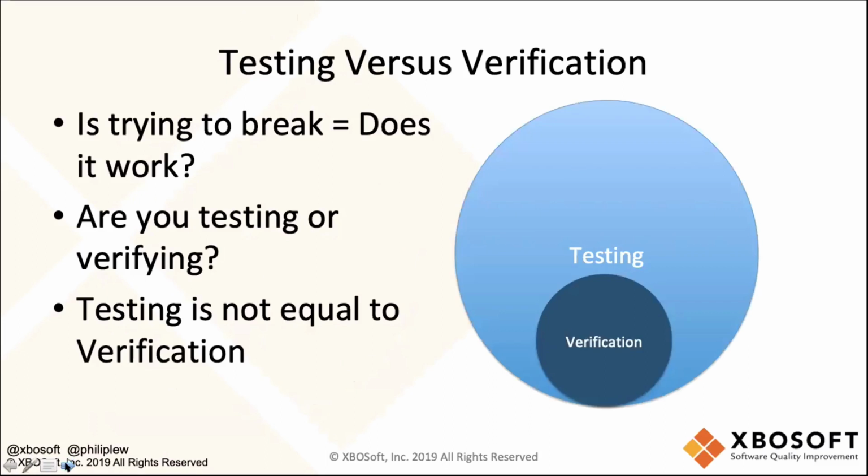And that brings me to this slide here, which originally was done by a colleague of mine, Jason Arbin, and he was talking about how we really need to get back to testing and trying to break things, and not just verifying, because testing is not equal to verification.